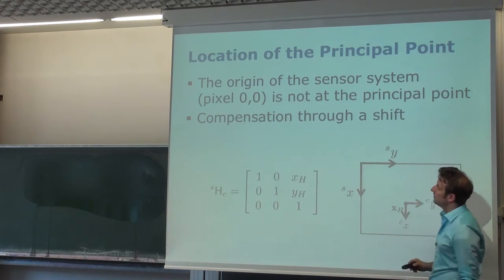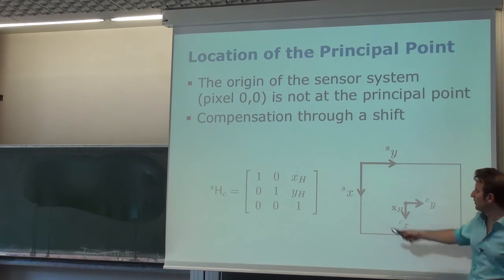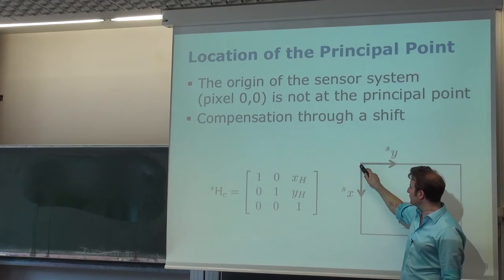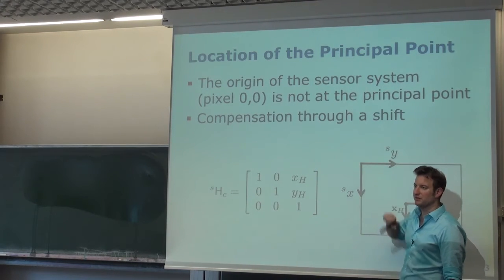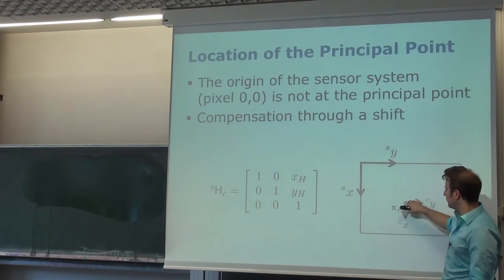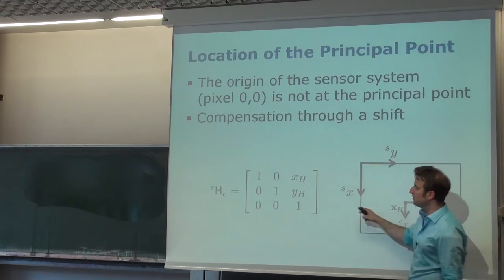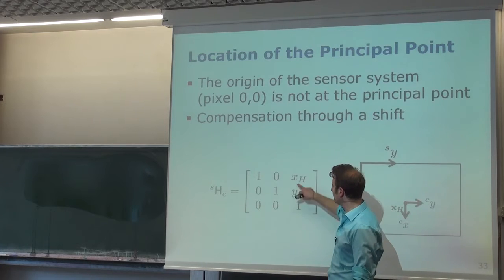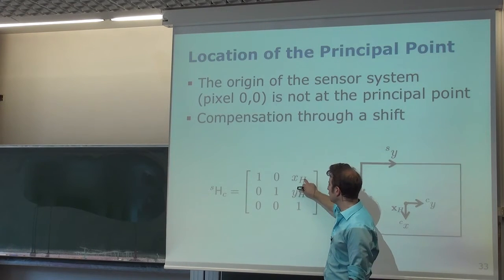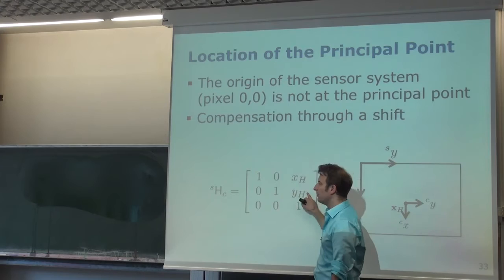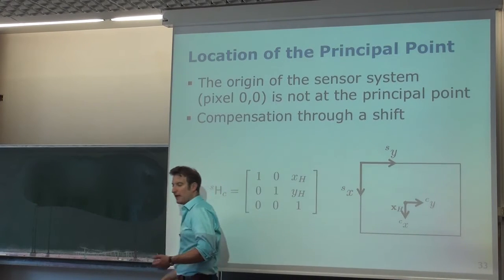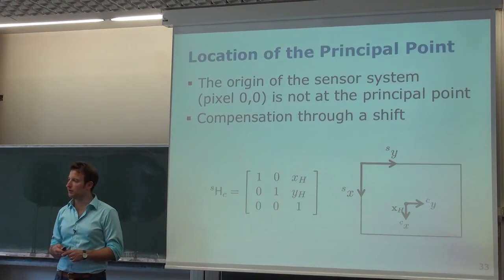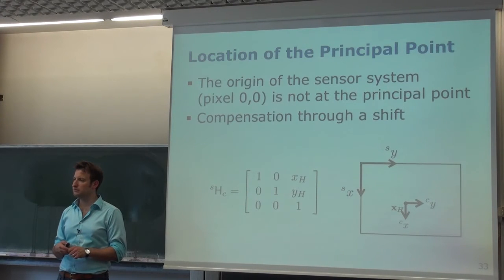So this is the origin of the sensor coordinate frame, which typically would be the pixel 0, 0. To compensate for this is a simple shift in our pixel coordinates, in the 2D world, which can be expressed with this transformation just by shifting the element by the x and y coordinate of my principal point. Okay?